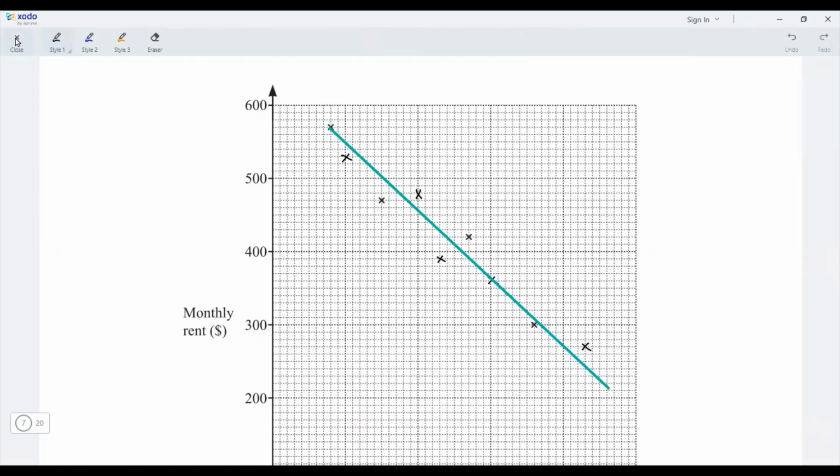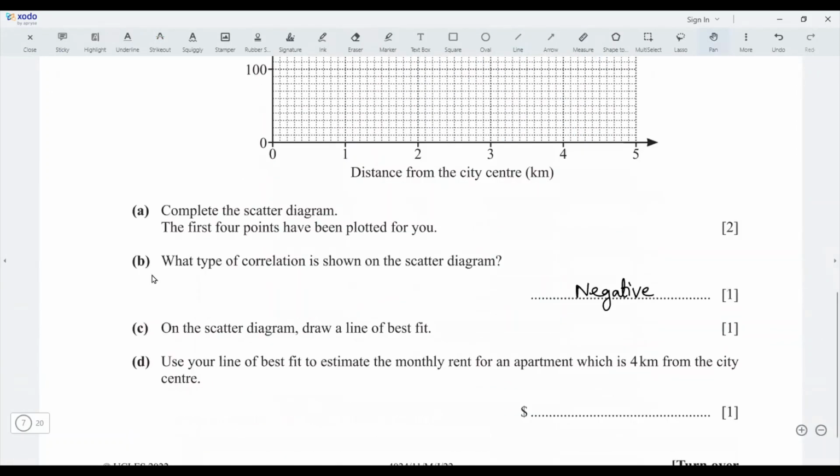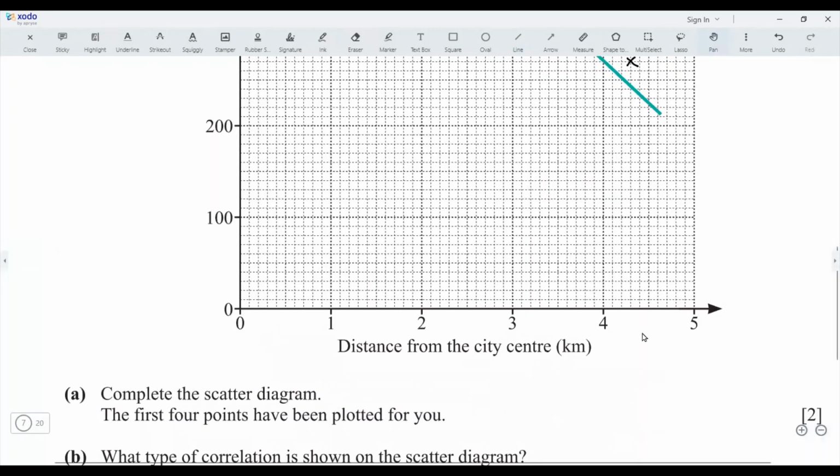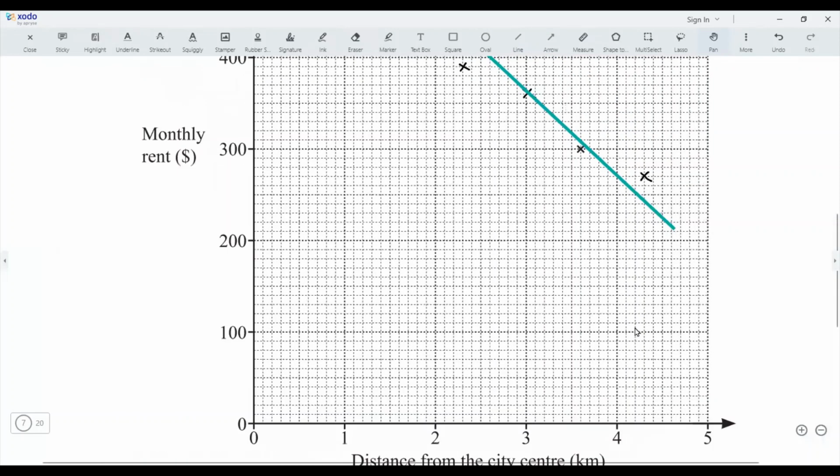And what is to be done? Look at the next part. Using that line of best fit, estimate the monthly rent of the apartment which is 4 kilometers from the city. 4 kilometers from the city means the distance is on the x-axis. So look directly above 4 kilometers and point out that region.